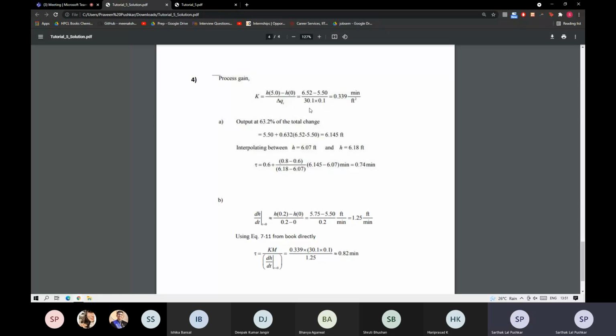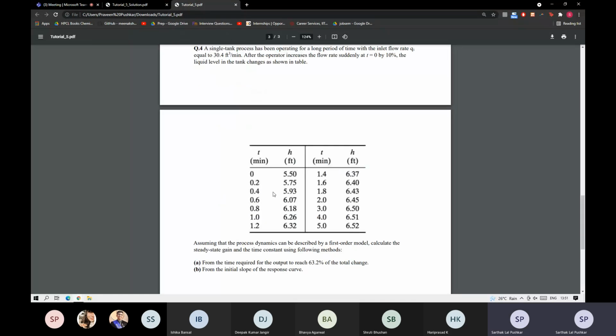So for the next part, we have to find the output that is 63.2% of the total change. So we find the change, that is 6.52 minus 5.50, and 63% of that plus the initial value, we get 6.145 feet. Now this 6.145 feet comes between 6.07 and 6.18. That is t equals 0.6 minutes and t equals 0.8 minutes.